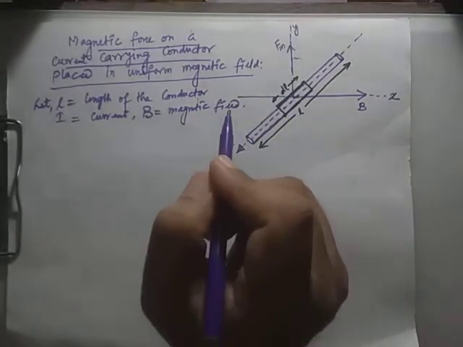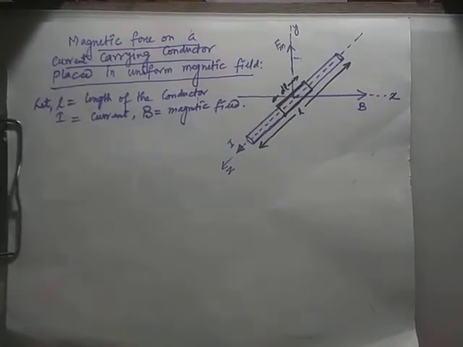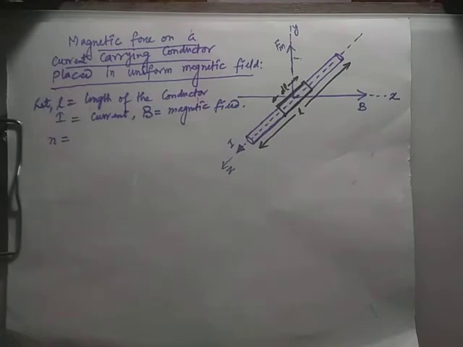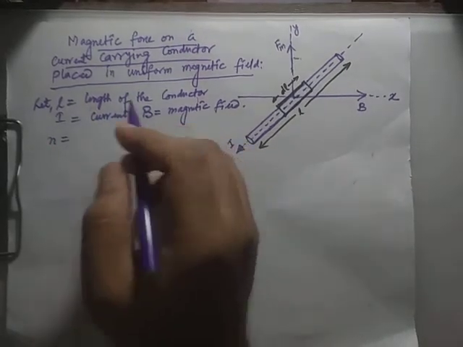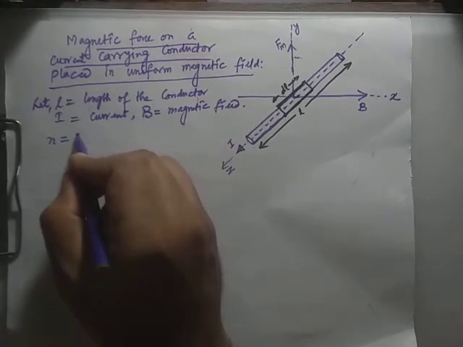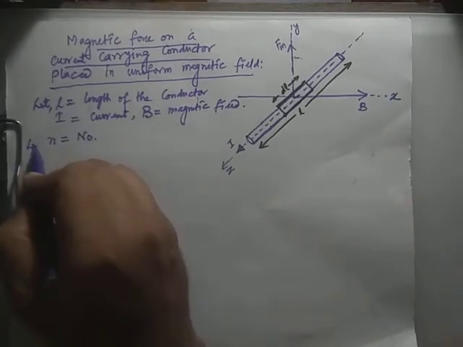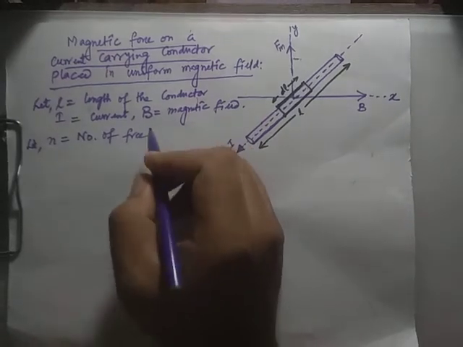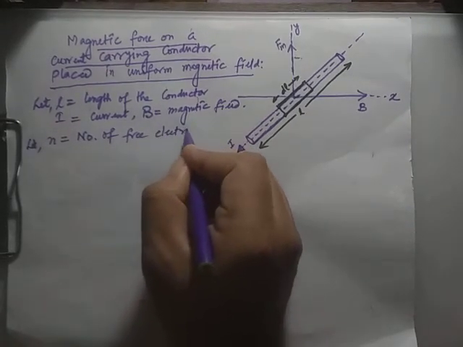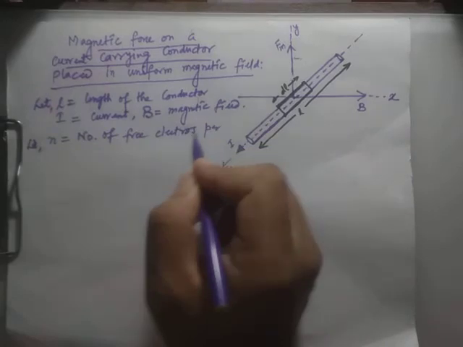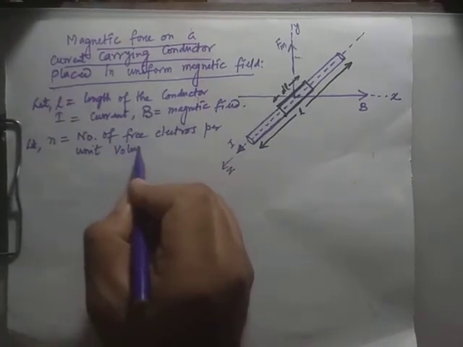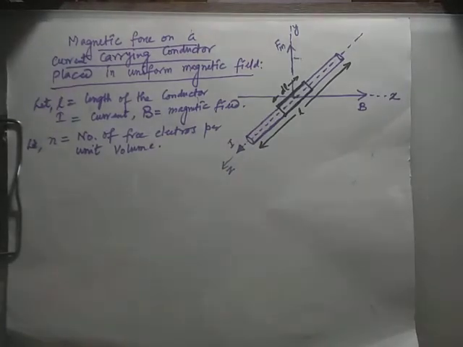And here we also take that small n is equal to the number of free electrons per unit volume.